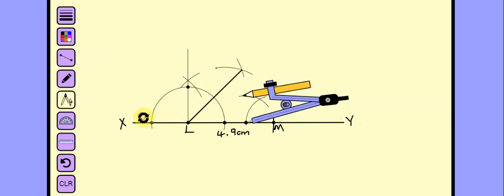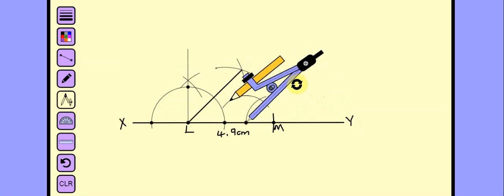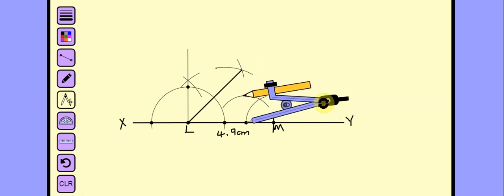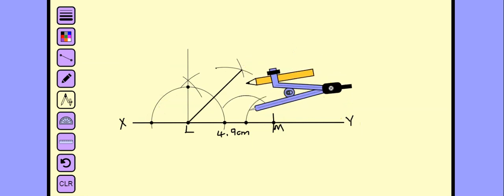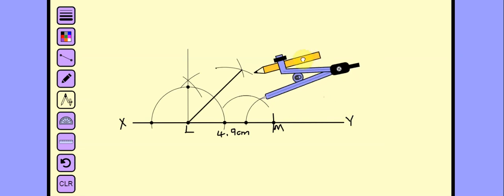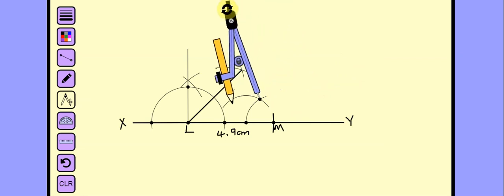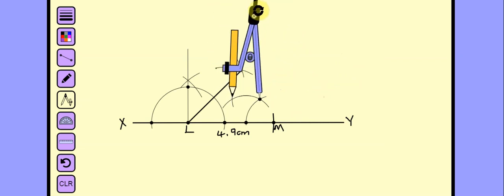But what we can do is to actually scribe this arc further around like that, and then we will place our compass point where the two arcs intersect, and keeping the same compass separation throughout all of this process, we are going to scribe a third arc to cut the previous one.